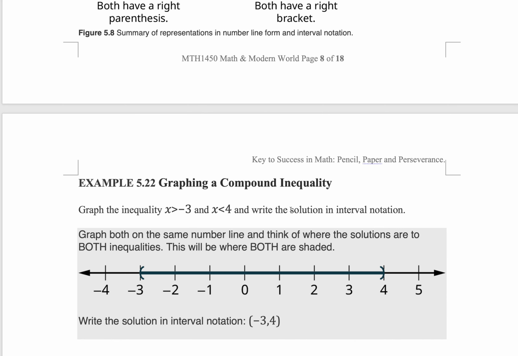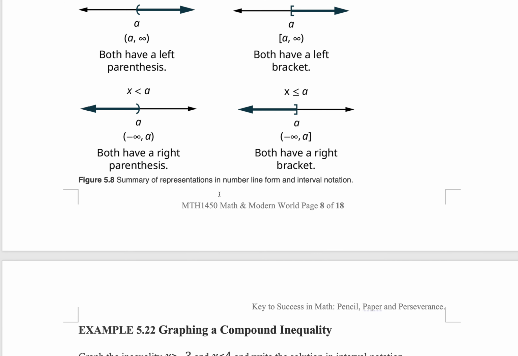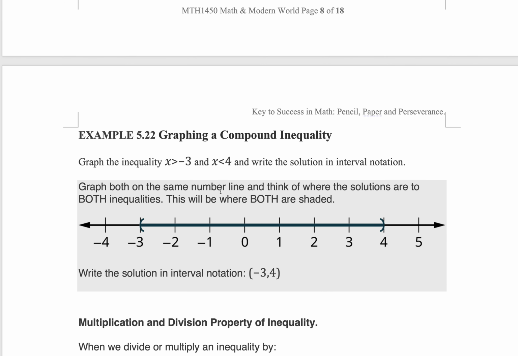And as I'm saying, these are the basic cases of the inequality. Sometimes we have situations a little more complicated. So this is the example of the case. We have a compound inequality, x strictly greater than -3 and x strictly less than 4.